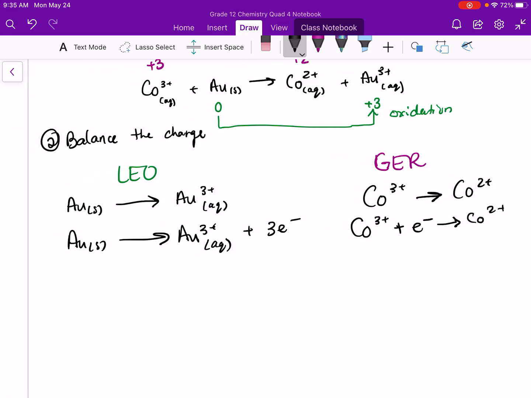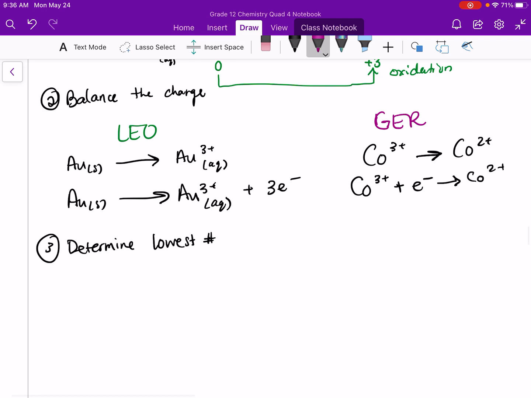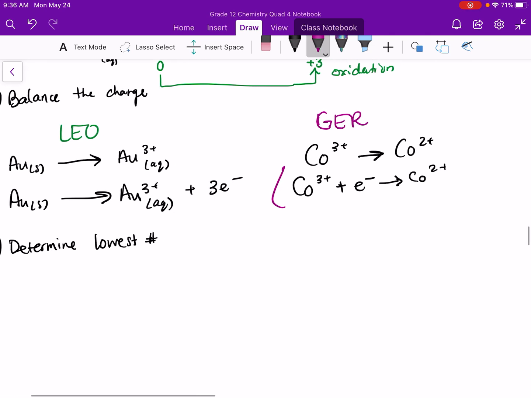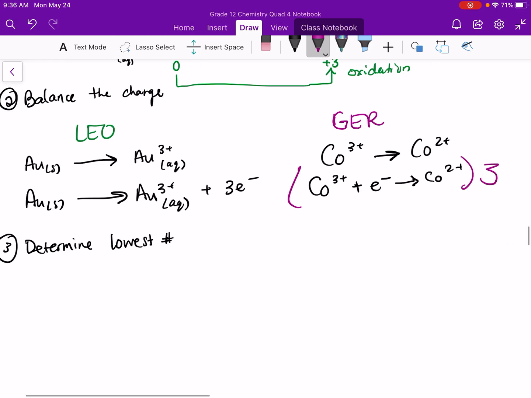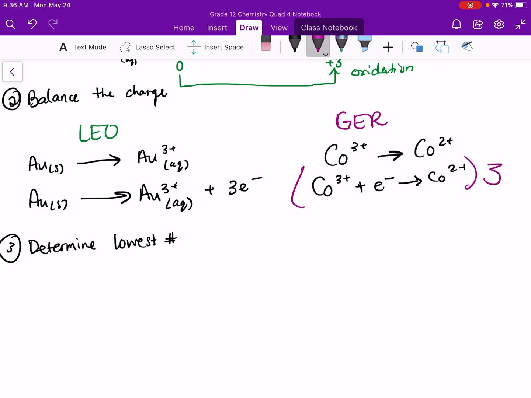My next step here is to determine the lowest number that is common and multiply my electrons and my substances by it to make everything common. So here I can identify that I need to times my cobalt species by 3 so that my electrons are even on both sides.